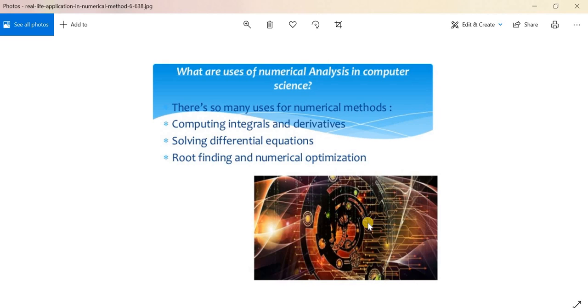What is the importance of numerical computing in computer science? You can see here, there are so many uses of numerical methods: computing integrals and derivatives, solving differential equations, root finding, and numerical optimization.